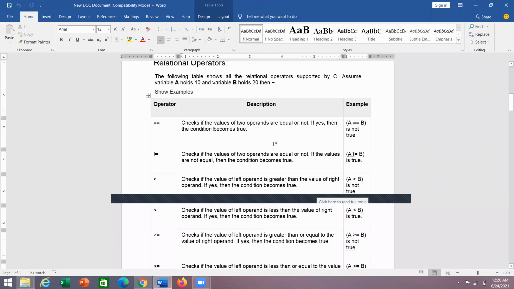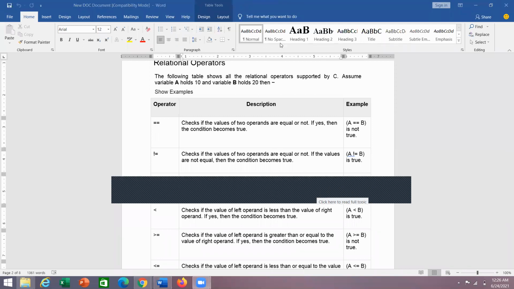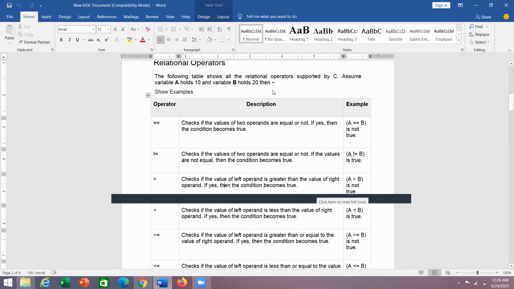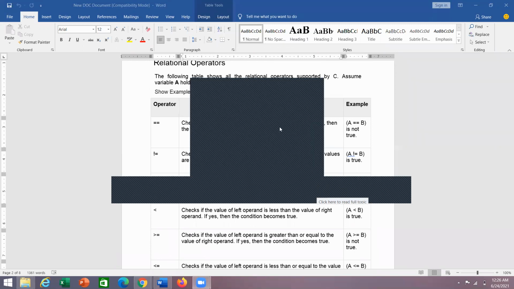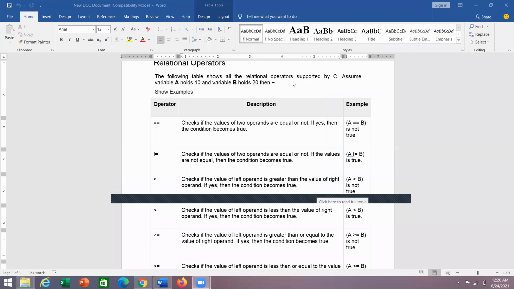And here we have the relational operators. Relational operators we can call comparison operators. Comparison operators are nothing but we can compare two operands. For example, we compare one person with another person. We can compare the height of this person: she is tall, she is long, she is short. We compare with another person.